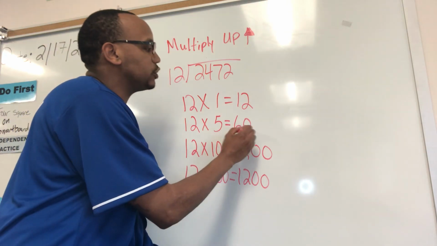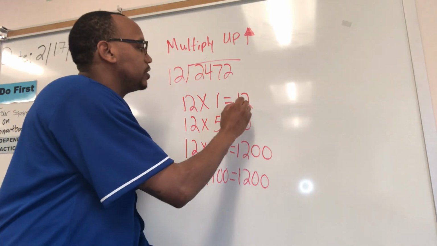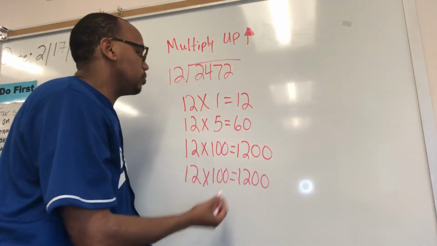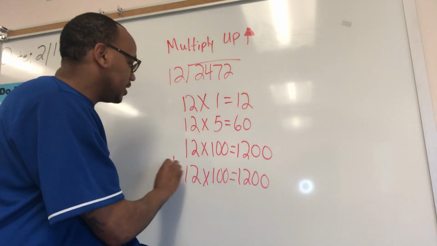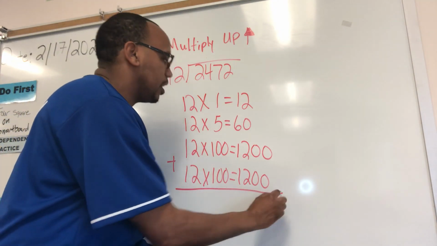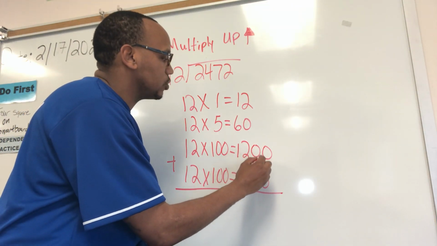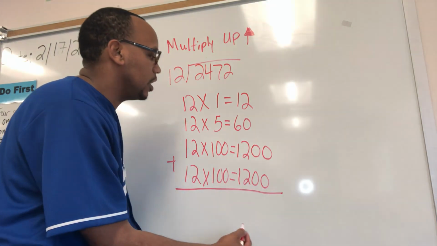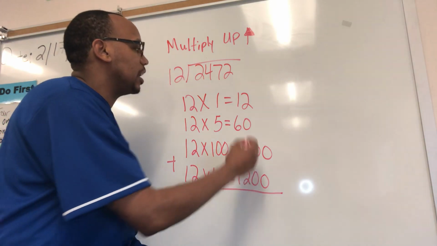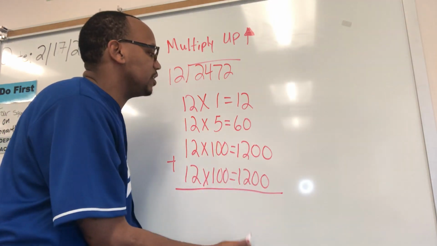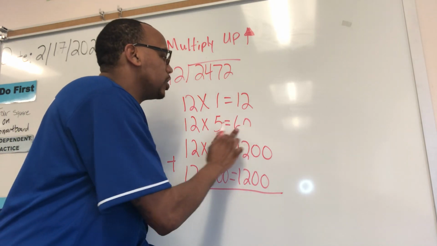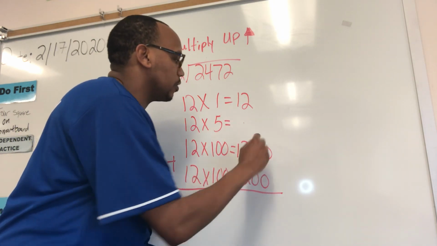And I know that these two, 60 plus 12, is 72. So if I combine these all together, 1,200 plus 1,200 is 2,400, and 60 plus 12 is 72. Now what I'm going to do is put the place values correctly.